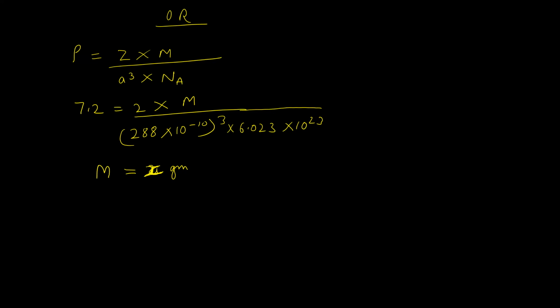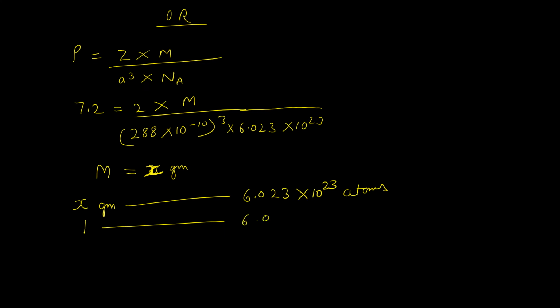Since it is molar mass, and we all know X gram of any substance, meaning molar mass of any substance, has 6.023 into 10 raised to power 23 atoms. So how many will be present in 1 gram? In 1 gram it will be 6.023 into 10 raised to power 23 upon X. And how many are present in 208 grams?